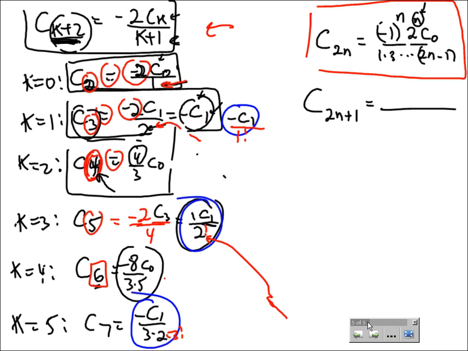So now, let's be careful now. Let's write down C sub 3. C sub 3 is negative C1 over 1 factorial.